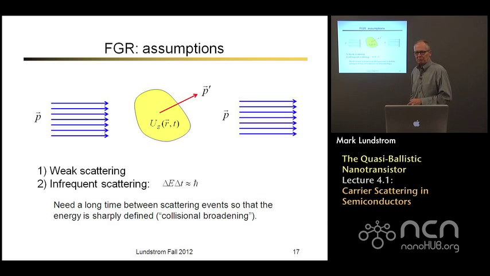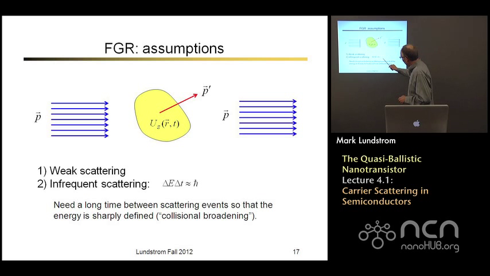Now, this is probably the simplest way to treat scattering in quantum mechanics, but it's the one that's most widely used for semiconductor problems, and it generally works pretty well. There are some assumptions. One is that the scattering is very weak, so most of the electrons go through and don't get scattered. And one is that it occurs infrequently, so that we can wait a long time between scattering events.